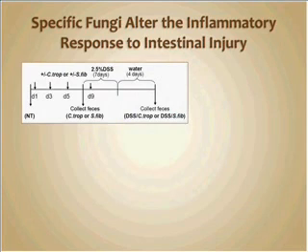All right, so do these fungi matter? Here we're going to supplement with Candida tropicalis or Saccharomycopsis fibuligera. We're just going to give these mice more of it, these live organisms, by oral gavage.